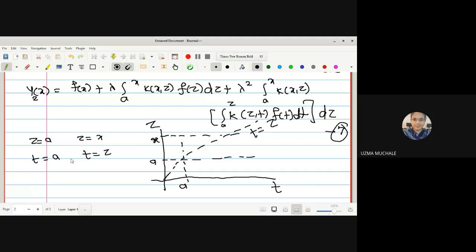At least you remember this type of figure we were drawing and then we were changing the limits of integration. Okay. If you're not remembering this, let me give you one more hint. Clearly the region of integration.